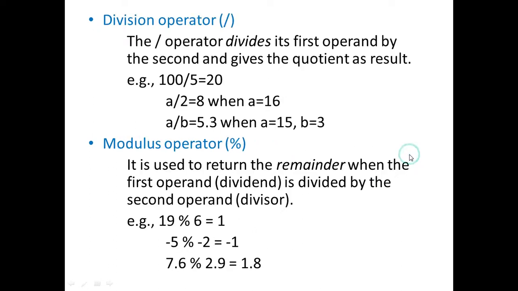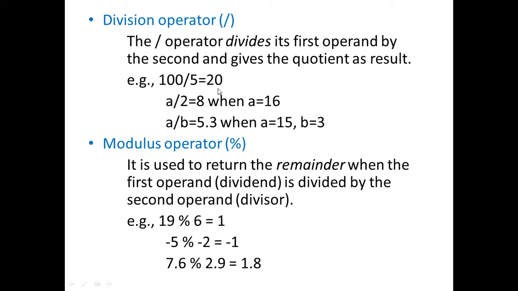Next we have the division operator. The operator slash, that is called the division operator, divides its first operand by the second. For example, 100 is the first operand. It is divided by the second operand 5. So 5 will divide 100, and it gives the quotient as the result.